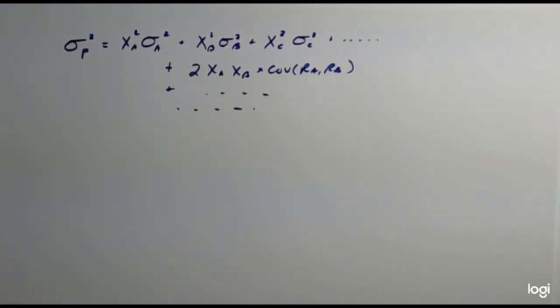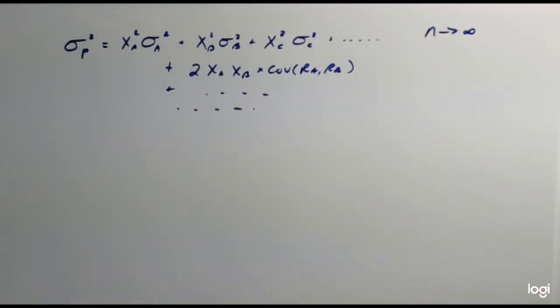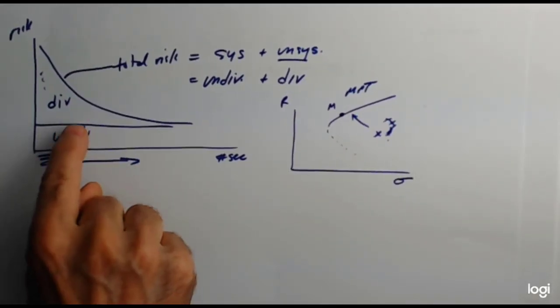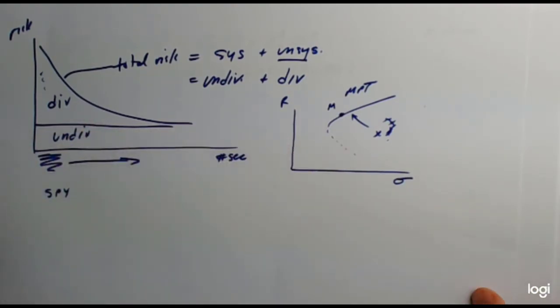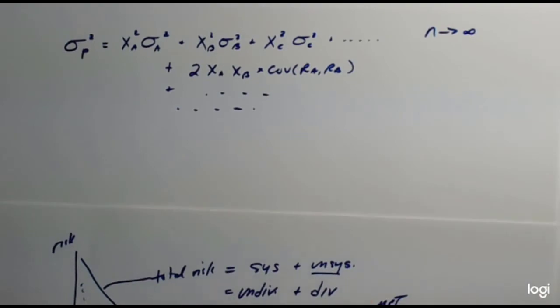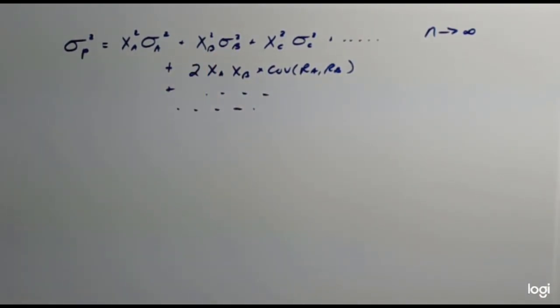What we want to ask ourselves here is, what happens when we add more and more stocks to the portfolio? What happens when n goes to infinity, let's say? Well, there's not an infinite number of stocks in the market. Let's just assume that there is for a moment. We're sliding down this graph and we're moving in this direction. What happens to this calculation? That's what we want to get at.